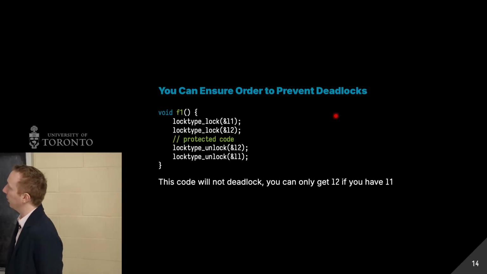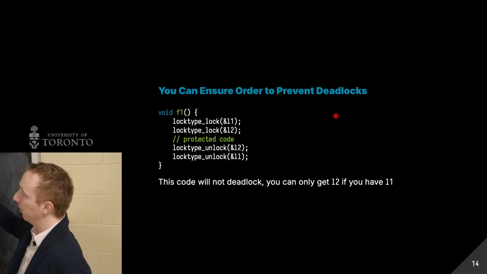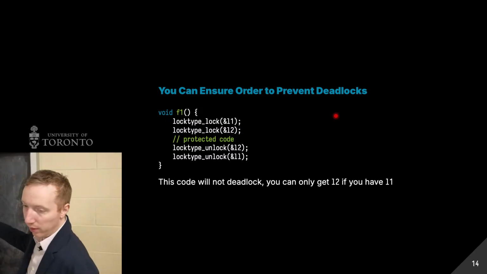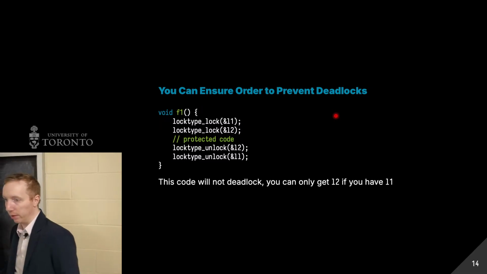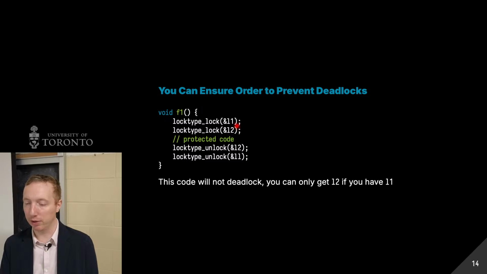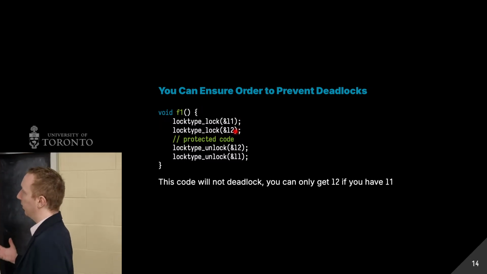So one way we can prevent deadlocks is to ensure order. If this was our code and we always locked lock 1 before lock 2, then this would never deadlock, because whoever gets lock 1 is now pretty much guaranteed to get lock 2, because they always acquire it in the same order.